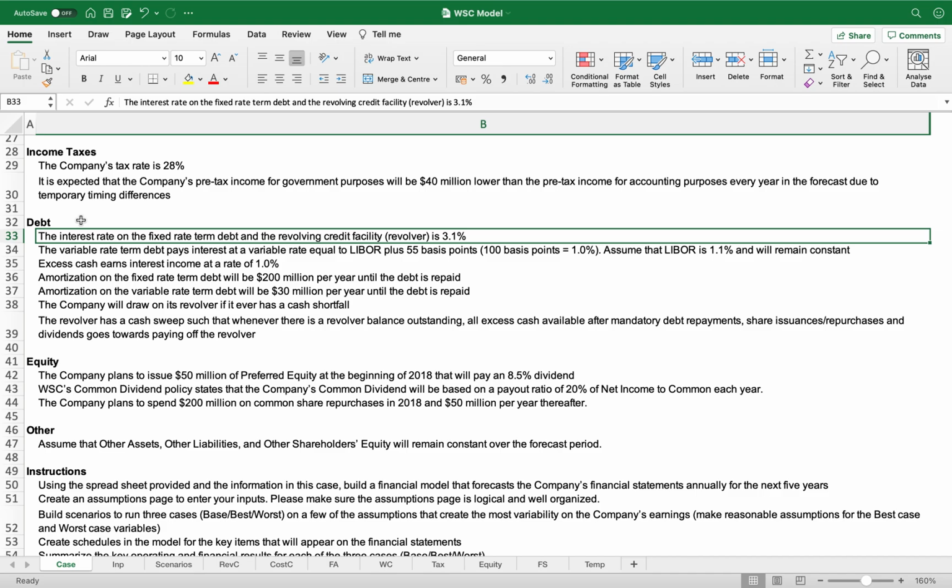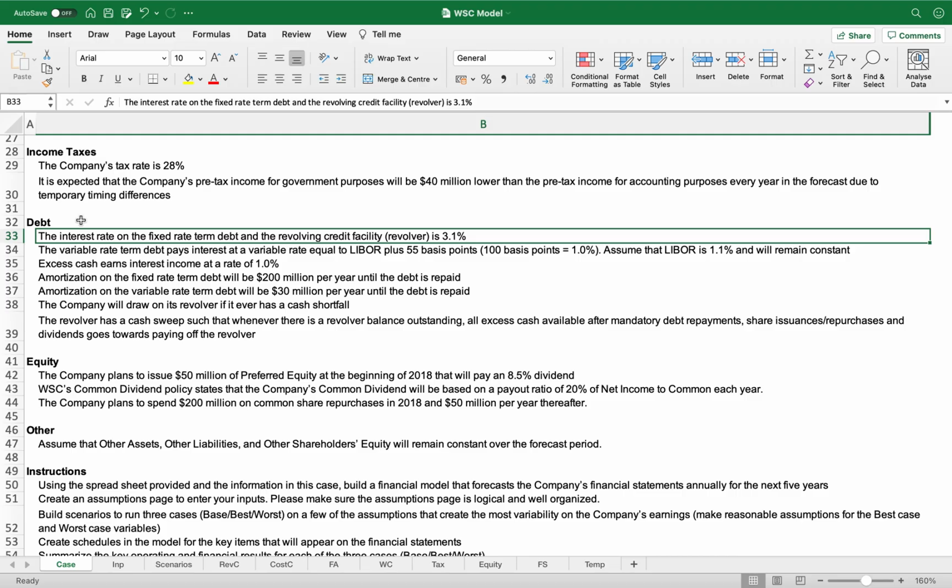Fixed rate, as the name suggests, the interest remains fixed. So let's say if you take a loan from the bank at 12% per annum, that is your fixed rate term debt. The interest rate remains fixed. However, if the bank keeps on fluctuating your interest rate, that becomes your variable rate term debt.